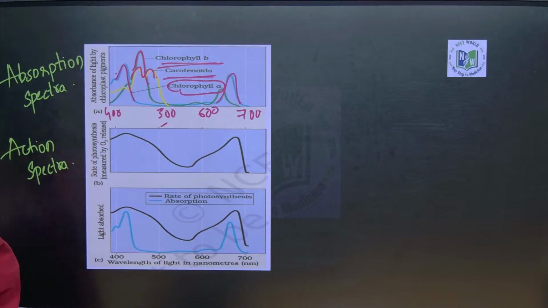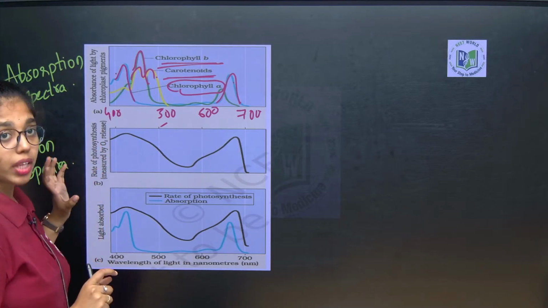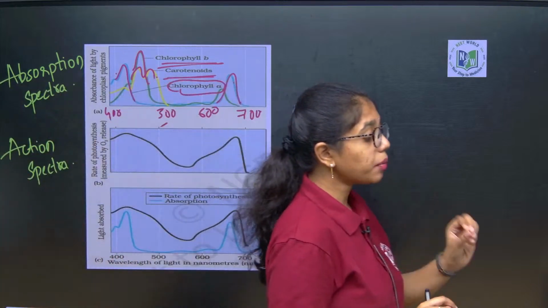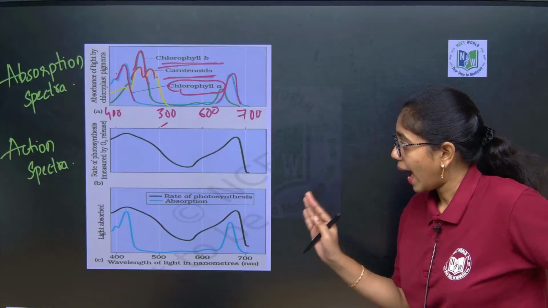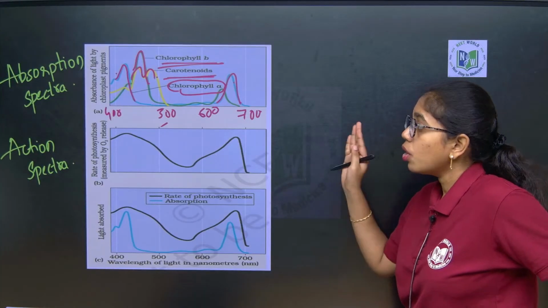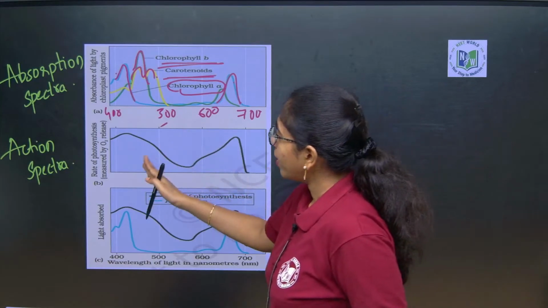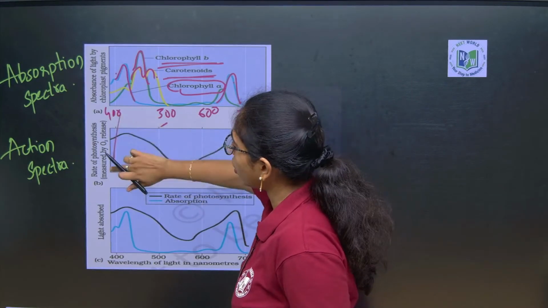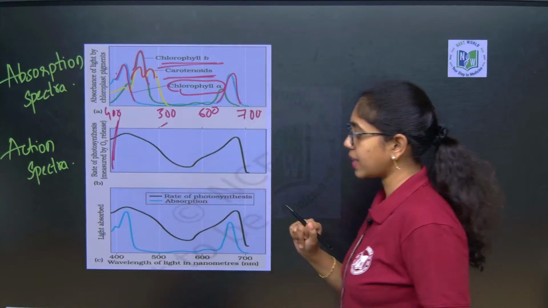Fine. When it comes to action spectra, action spectra will depict the pigment which is absorbing the maximum wavelength of light, where the maximum amount of carbon dioxide release is on the y axis and wavelength is on the x axis.